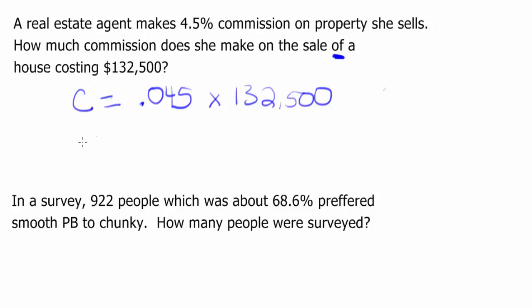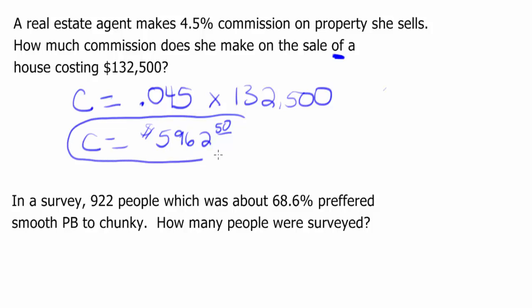So you really got to think about how you need to do this. So then you would just multiply 0.045 times 132,500. You're dealing with money, so it's $5,962.50. She's going to get almost $6,000.